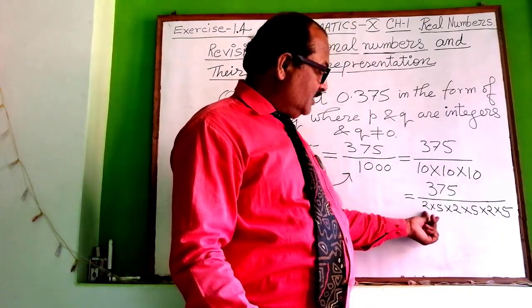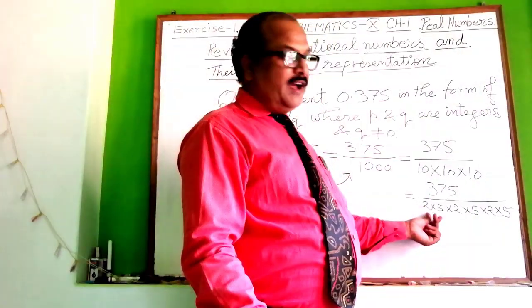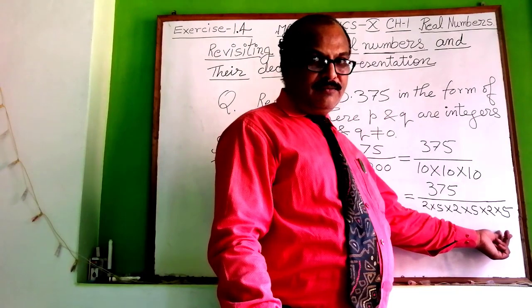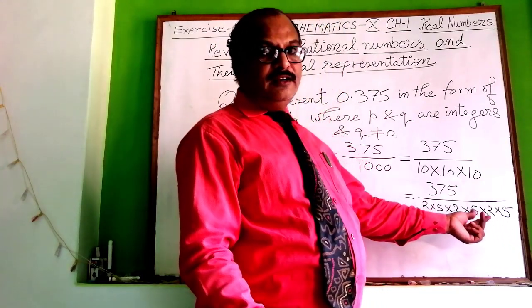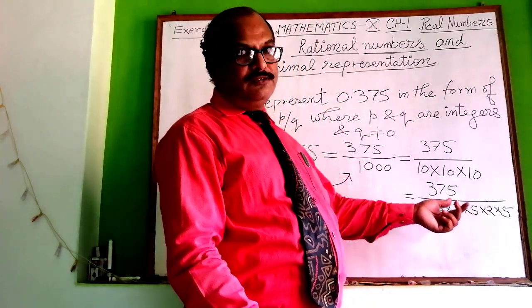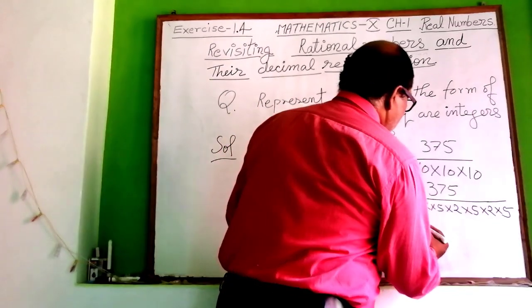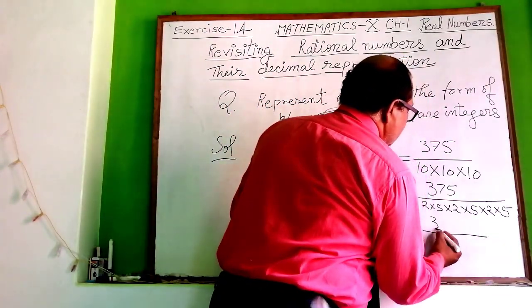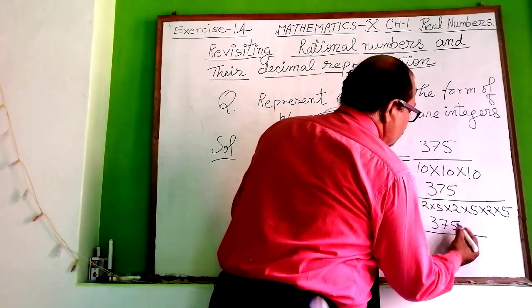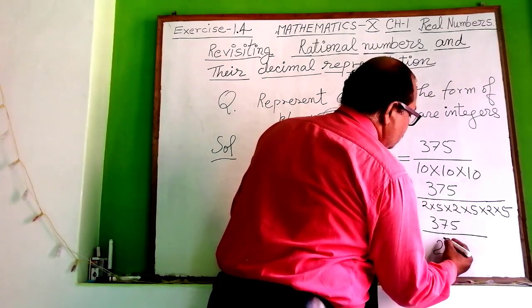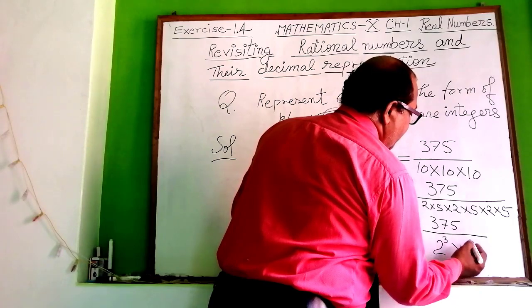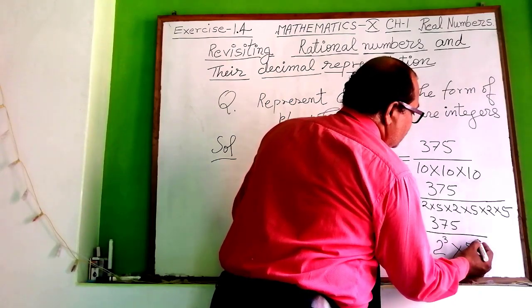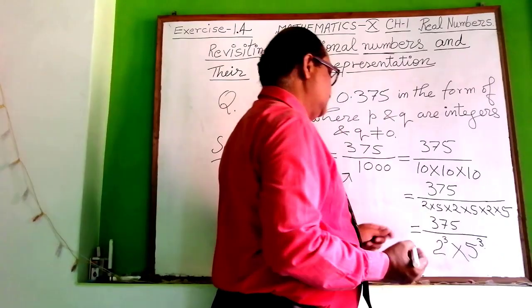Every 10 can be written as 2 into 5, 2 into 5, 2 into 5. It is an easier way to find the prime factorization of 1000. Now you can rewrite it in the form of raised to the power. You can write it as 2 raised to the power 3 and 5 raised to the power 3.